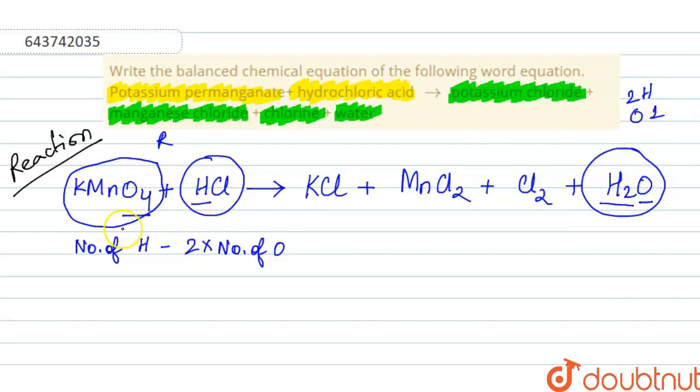So that means the number of hydrogen should be double the number of oxygen. So with this we have 4 oxygen and we have 1 hydrogen. We have to add 8 before H to make this possible.